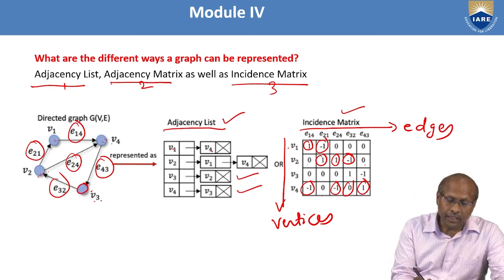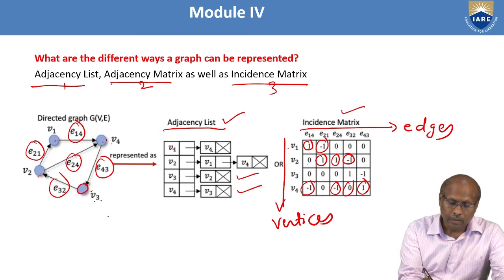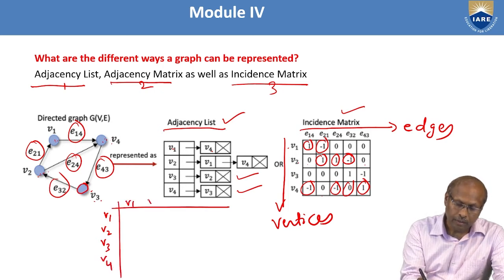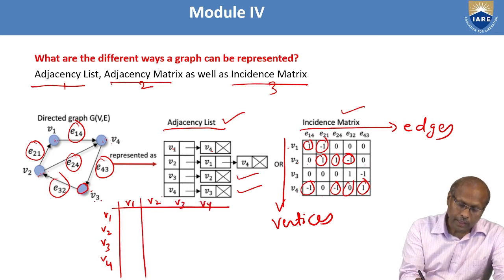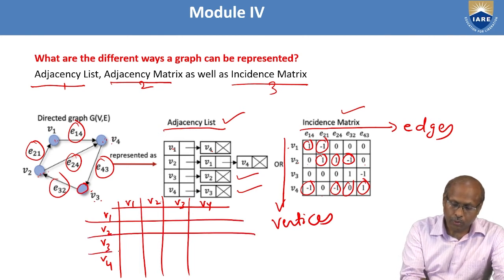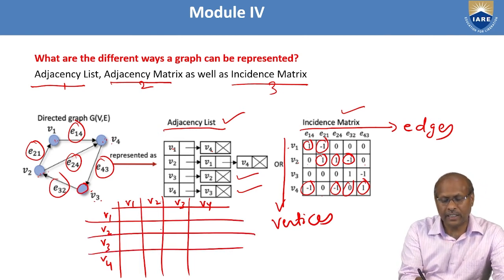Similarly, you can write the adjacency matrix for this. V1, V2, V3 and V4, connected with V1, V2, V3, V4. If connectivity exists, directly write 1. If there is no connectivity, then write 0.